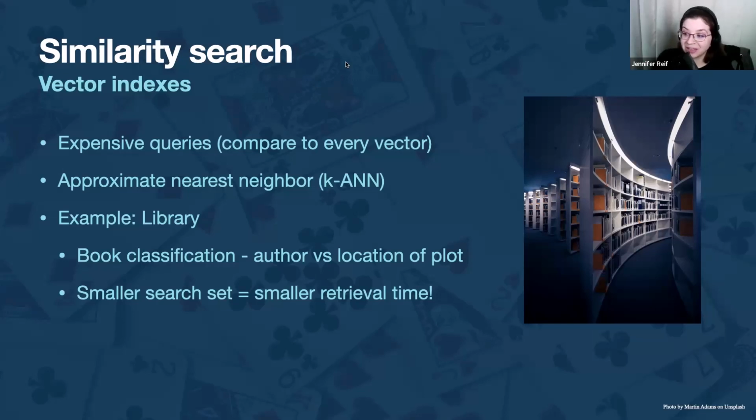So now everything that has a location of San Francisco, now all of a sudden they're all right there in that nice, neat little line, and you can pick out exactly what you want. That's going to give you a much smaller search set than by author or by category, by genre. And so that's going to give you much smaller retrieval time as well. So it makes finding things much faster.